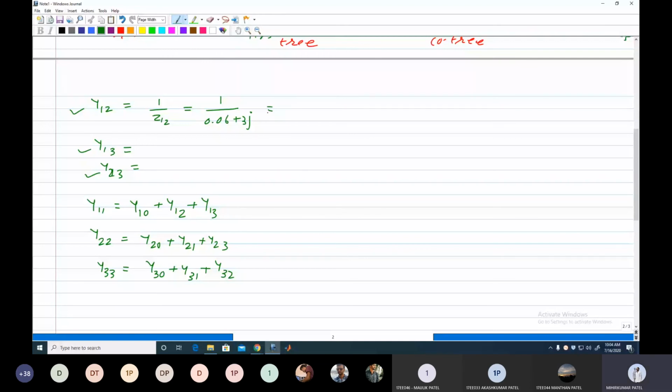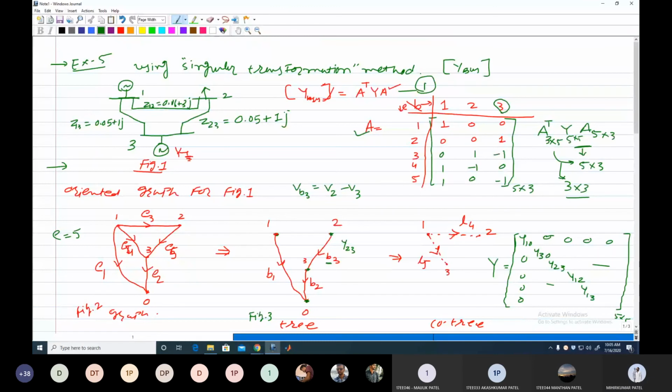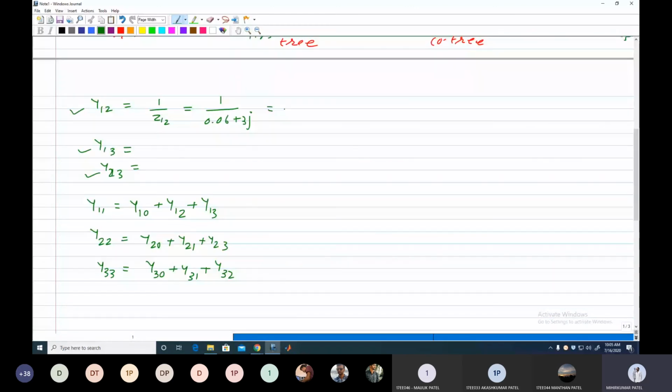Convert into polar, again into rectangular and again into polar. So what is the answer? Yes.